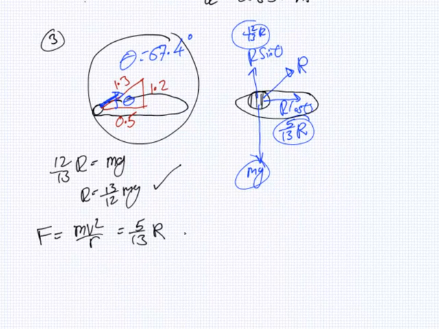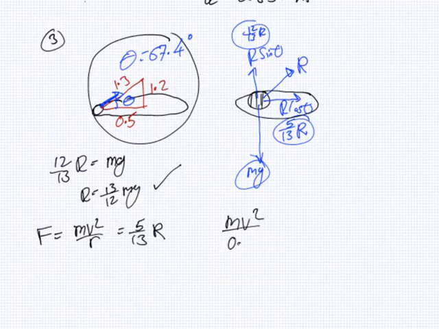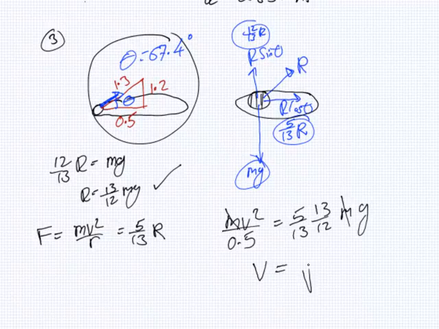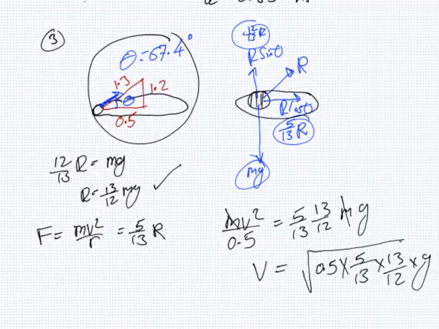Now we know some information here. We know the or is 0.5, and we know the big or is 13/12. So cancel, and we can get v is square root 0.5 times 5/13 times 13/12 times g.